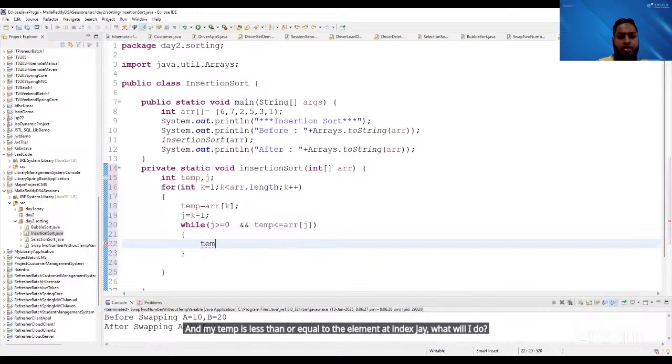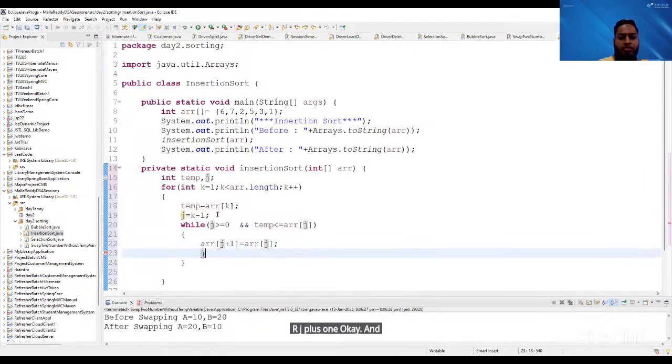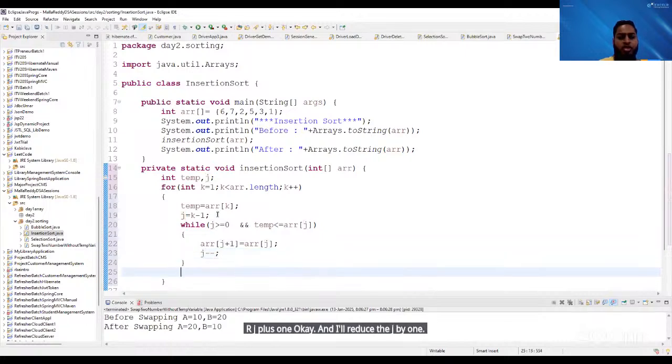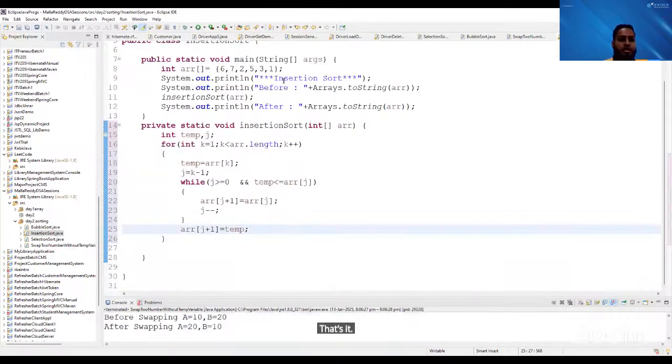I'll take the element at index J and put it where? At J plus 1. And I'll reduce J by 1. Once this loop terminates, what do you do? Put the element in temp at J plus 1. That's it. This is your insertion sort.